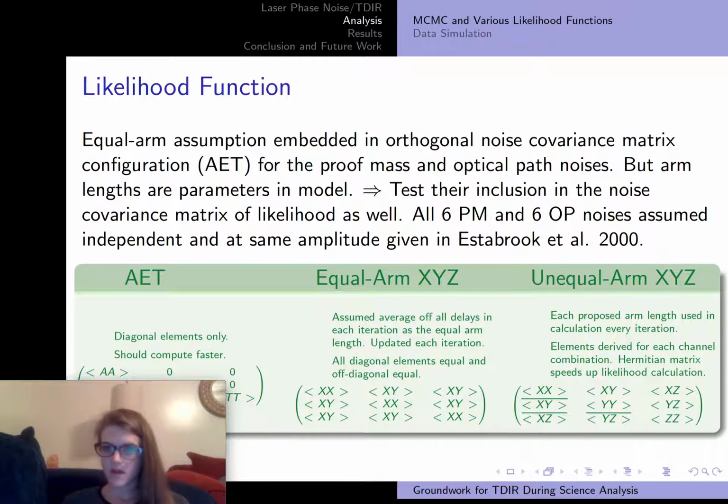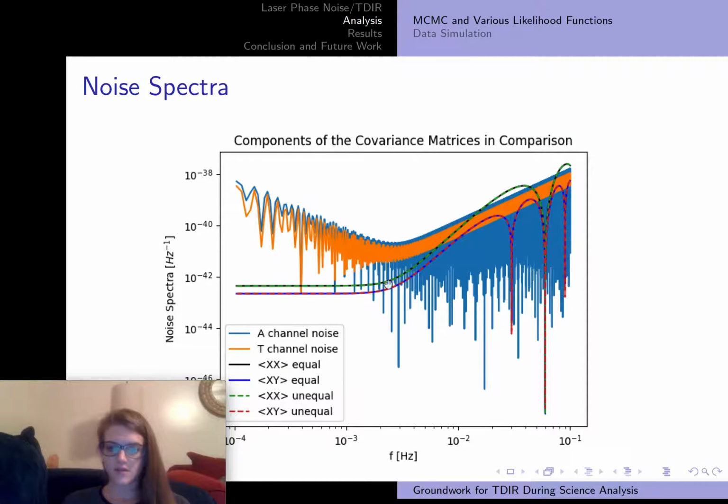In formulating this matrix, I assumed that all 6 phase meter and all 6 optical path noises were independent and at the same amplitude. So you could recalculate this matrix using more complicated assumptions, but for now that's what we have, and here is the resulting plot.